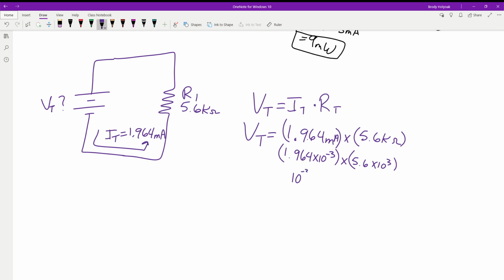So 10 to the minus third times 10 to the third is going to equal 10 to the 0, which equals 1. So when we plug this into our calculator, we can know right off the bat, those are going to cancel out and we're going to be left with nothing. Okay? Then what do we have left? And Reed, what does that come out to be?